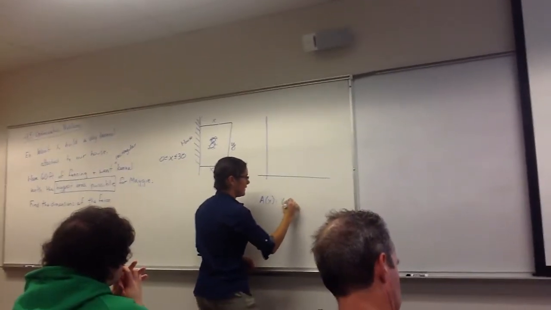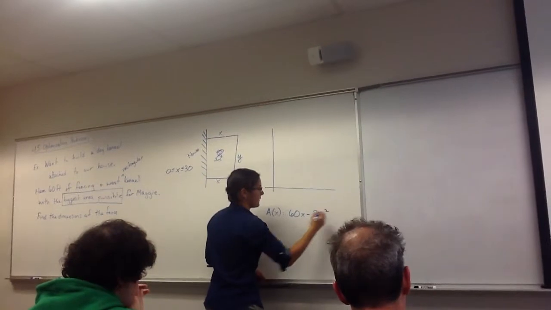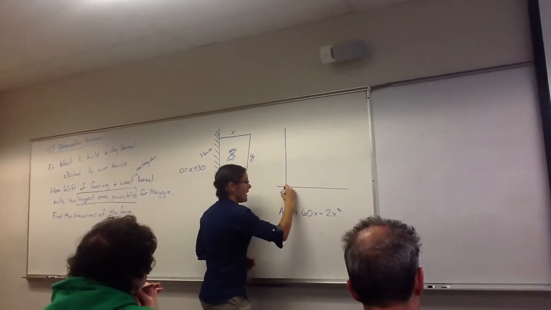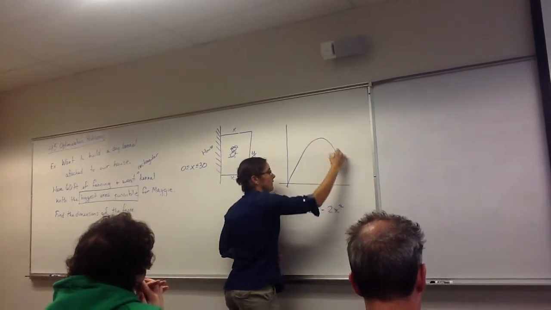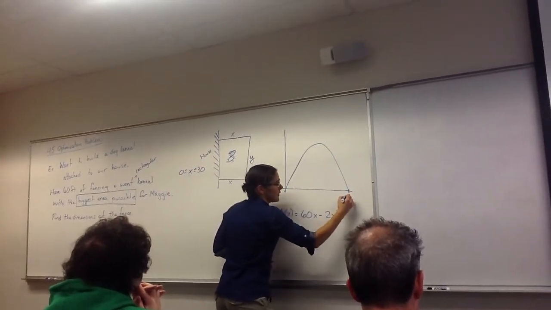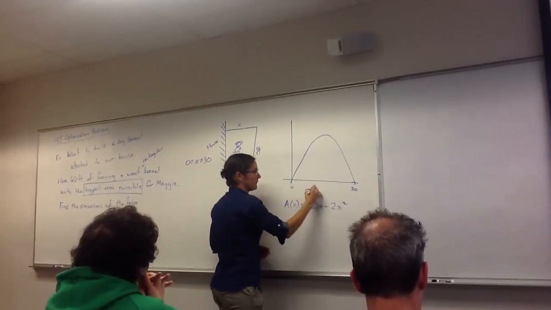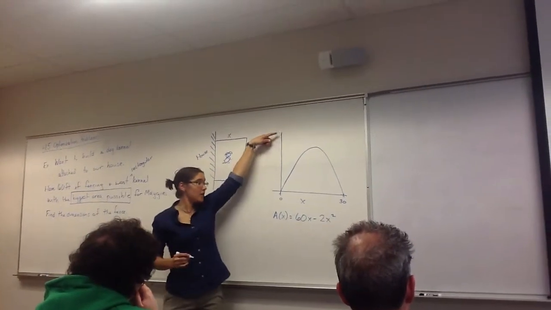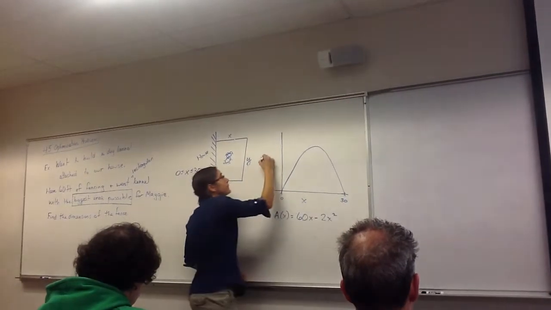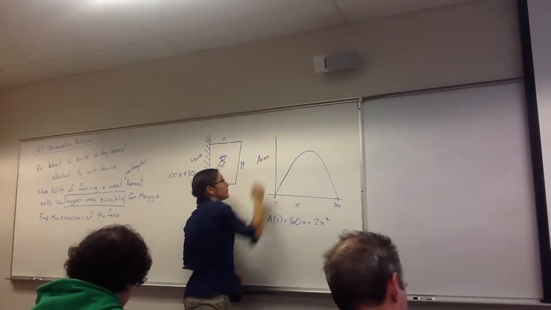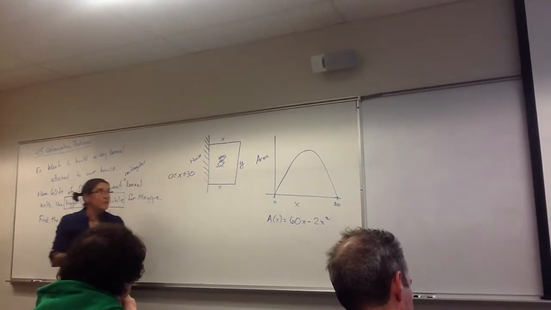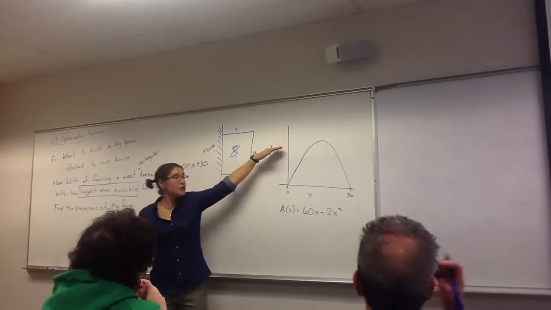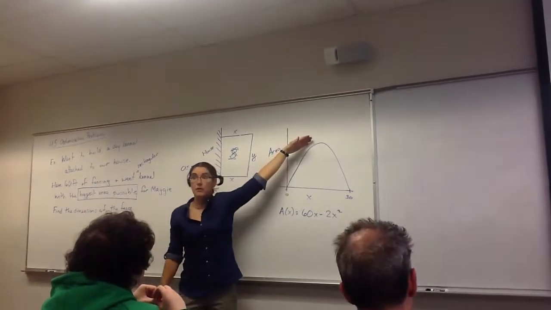Thank you. 60x minus 2x squared. Okay, so this is what we're graphing, and so on our x-axis, we are really measuring the x value on our fence. The output, the y value, the output is our area. And so whatever we choose for the x dimension, the output will be the area, and our job is to figure out when is the area the greatest.